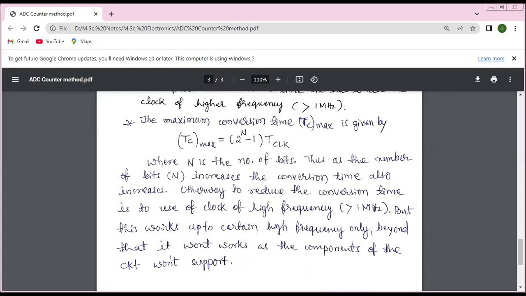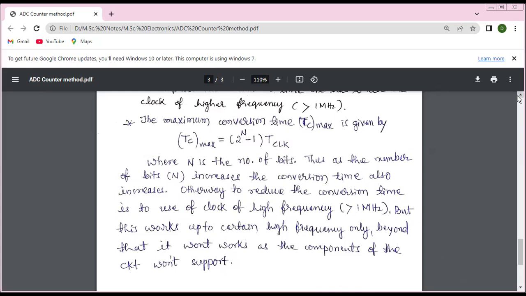Generally it is 1 megahertz; you can use more than 1 megahertz clock. But how much can you increase? Can you take gigahertz? No. Again there is a certain limitation, because the circuit should support the clock you are using. So this is one of the important parameters regarding the conversion time of this counter type ADC.